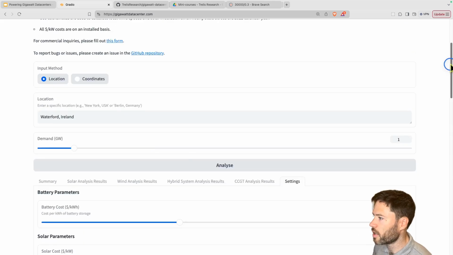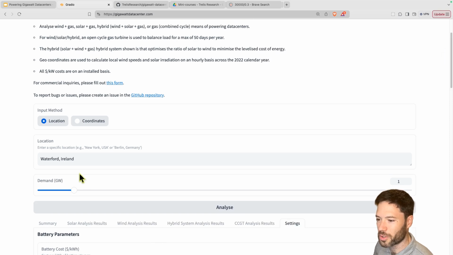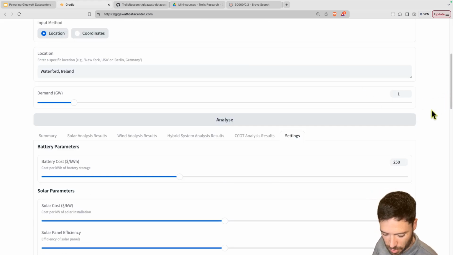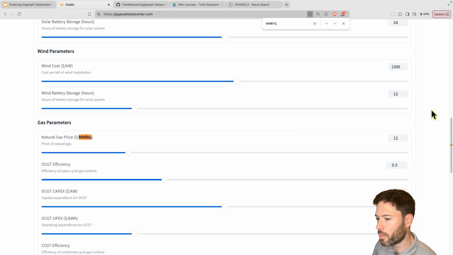Okay, so I've set the parameters here for gas, and I'm going to run an analysis. Now, we can just run it here for Waterford in Ireland. The location doesn't affect the gas. What does affect it is the price of gas in terms of MMBTU. So if we look here, this is the dollars per MMBTU in Europe. Right now, it's probably around 12.